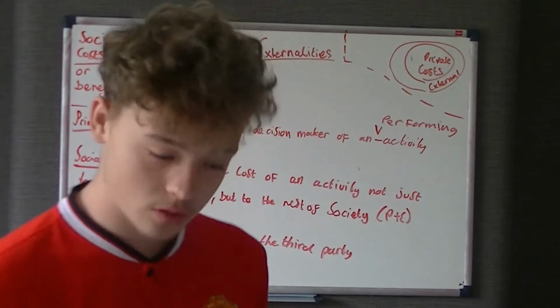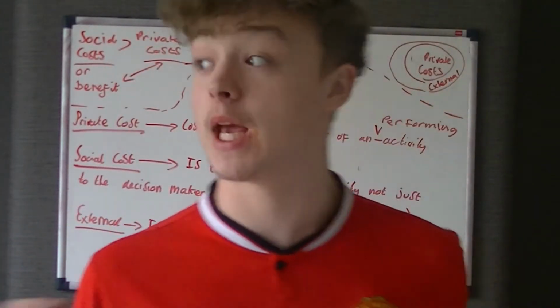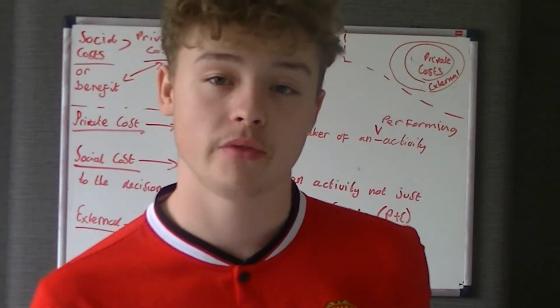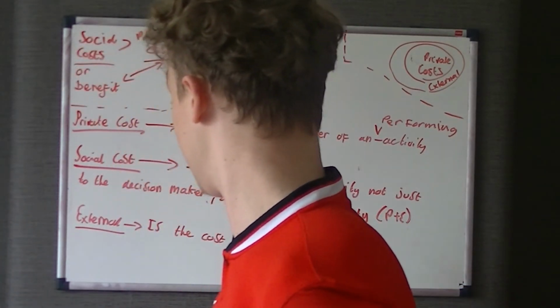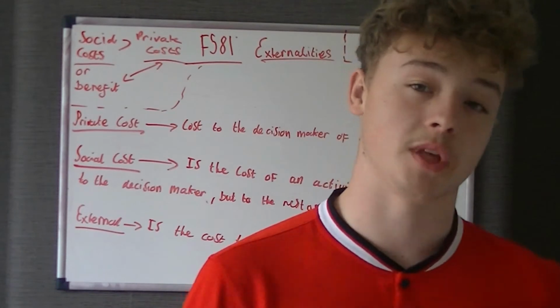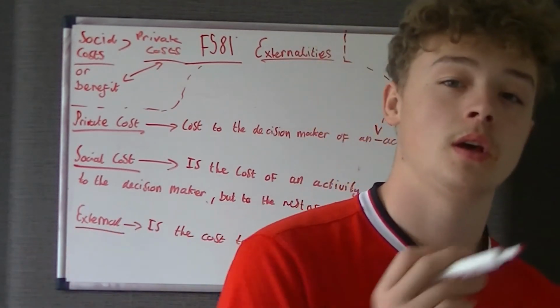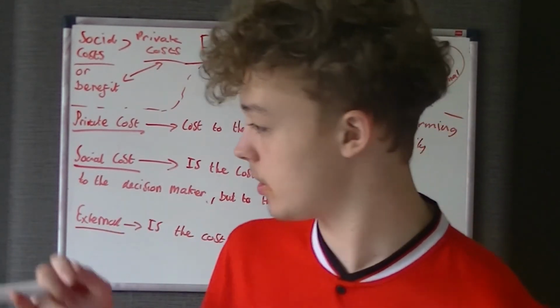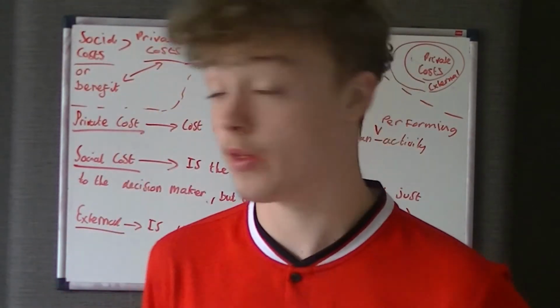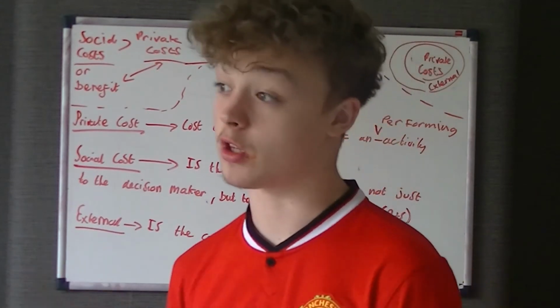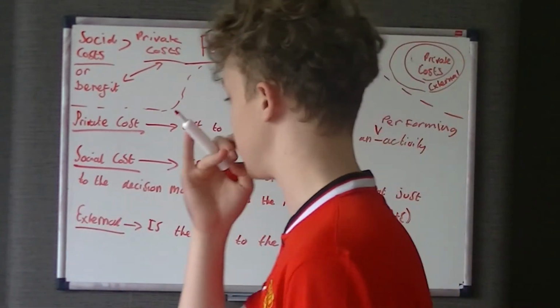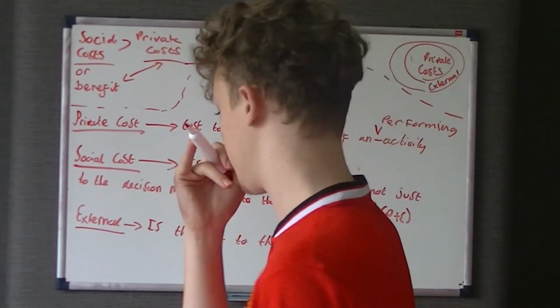So, for example, if you're talking about excess fishing in the sea, just as an example, the private cost would be the cost of the petrol or the diesel, or the wages of the people going out there. But the external cost to the third party would be the cost to the wildlife, the decrease in fish population, as they've not had a say in being fished.